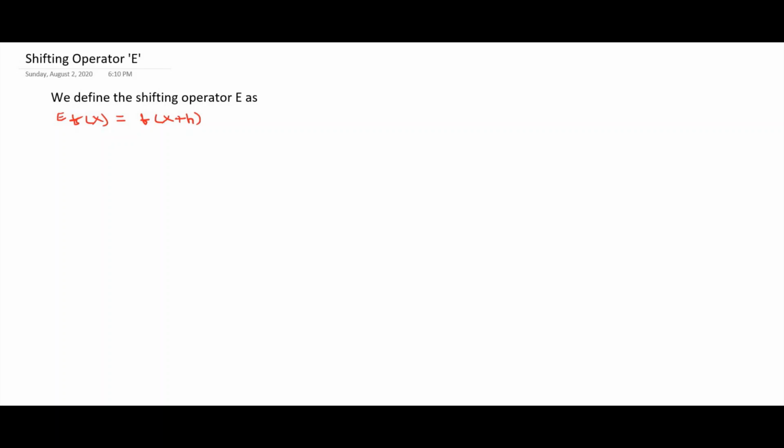So in brief, the power of E is 1, and to eliminate this E, we have to add 1h.